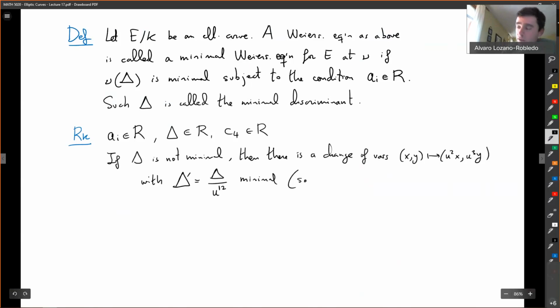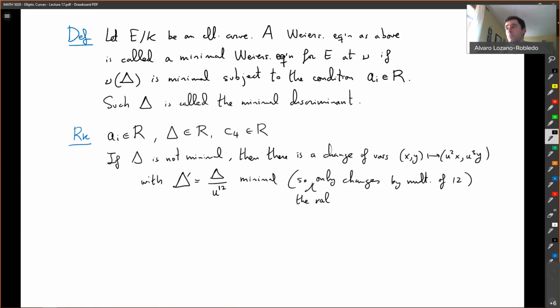So in particular, the valuation of the discriminant can only change in multiples of 12.